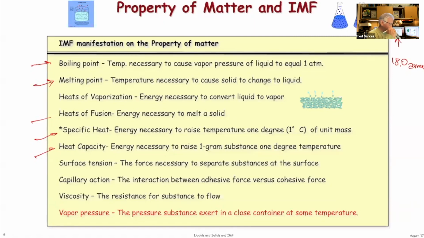Remember that the heat capacity is, when you have a solid, how much energy you need in order to raise the temperature. Specific heat is the amount of energy you need to raise that substance 1 degree Celsius. It's going to have a high surface tension, a strong capillary action.